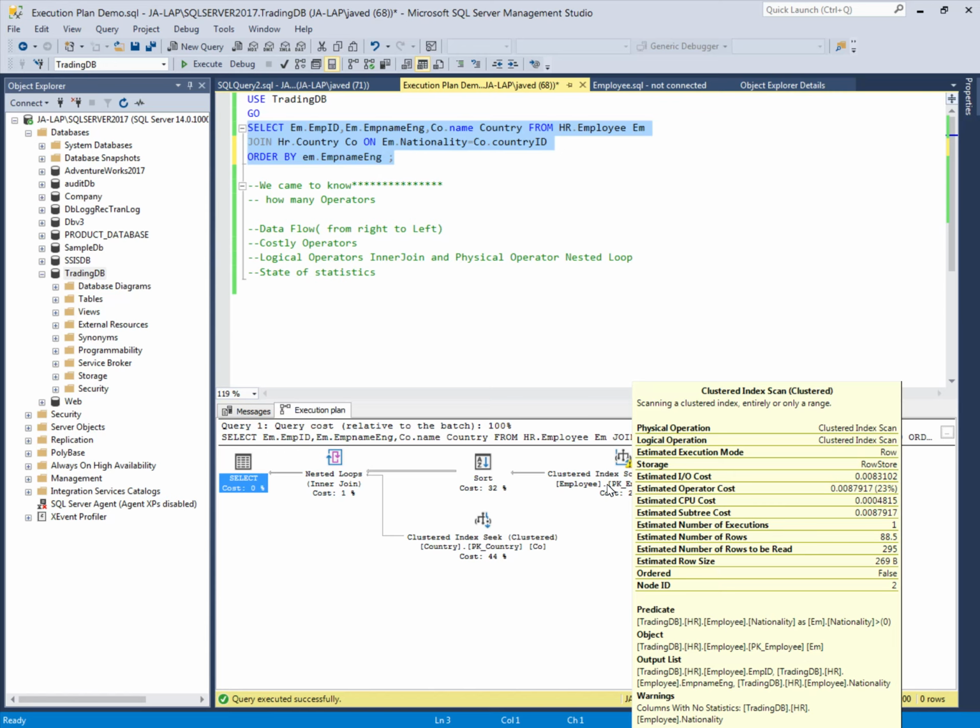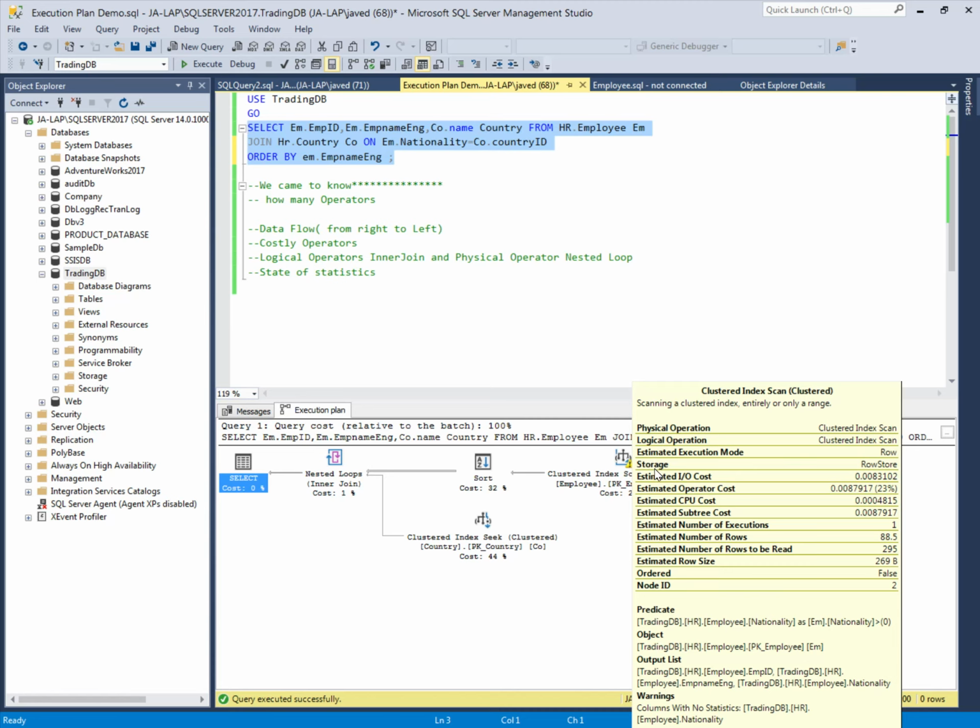So here in this operator, the logical operator is the clustered index scan, and the physical operator is also the clustered index scan, and this one is the estimated execution mode. The mode is row. It can be row, it can be batch, and the storage.